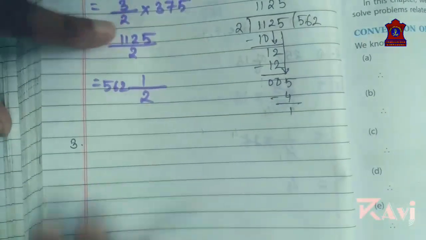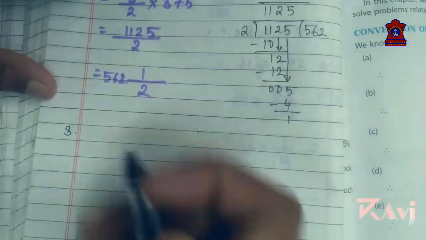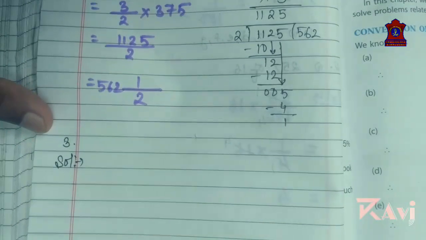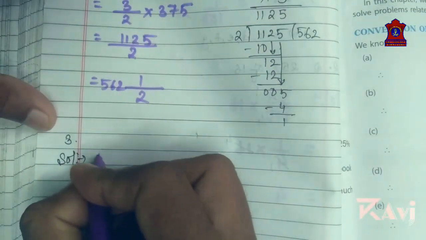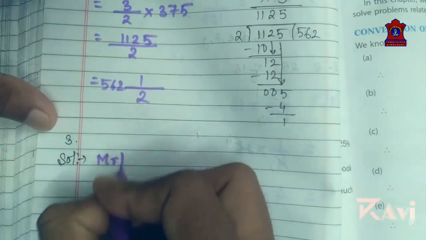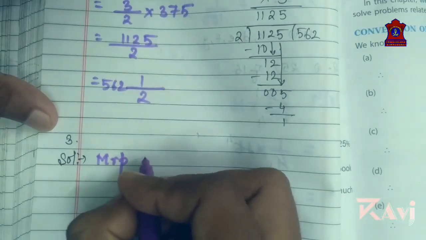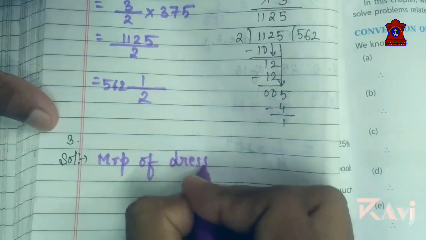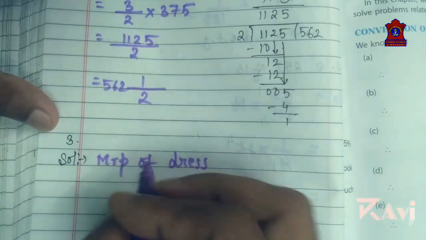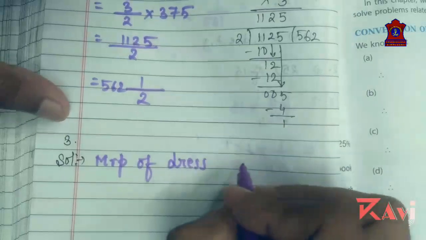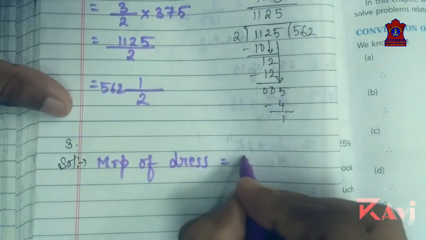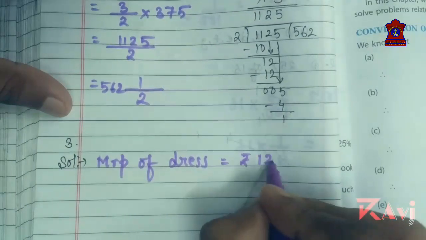Okay, so in this question we will be writing the statement. MRP of dress. You can write MRP in capital also. MRP is marked price. Okay, what is the MRP of the dress? 1200.